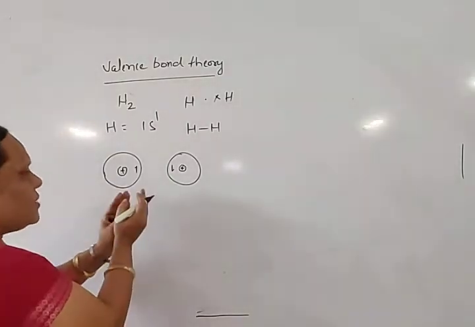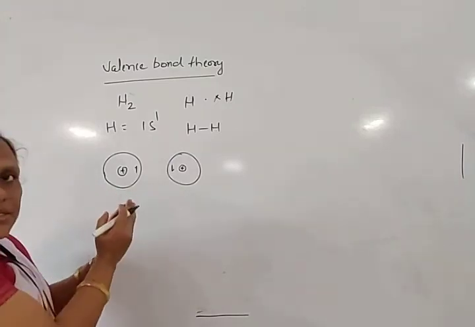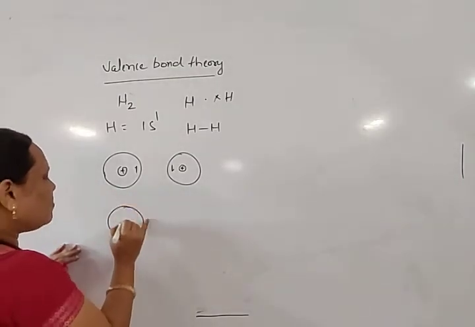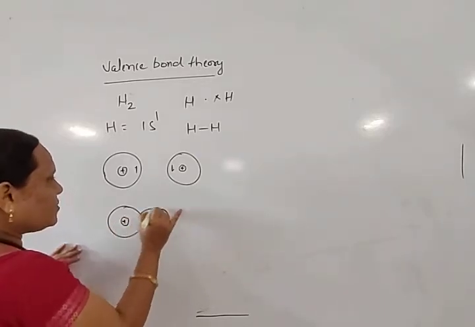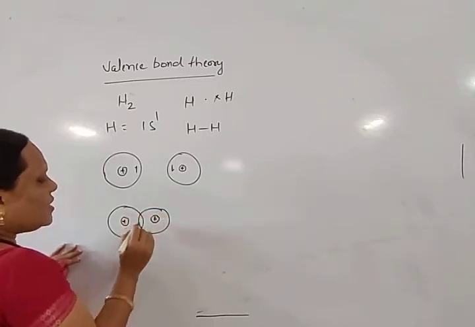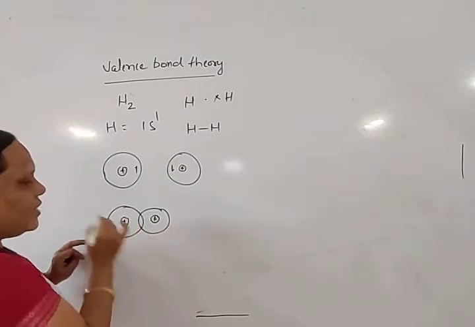Then these two orbitals merge. They partially merge to form a bond. So this is one hydrogen and this is another hydrogen. So this is the nucleus. As a result of this overlapping, it forms a bond.